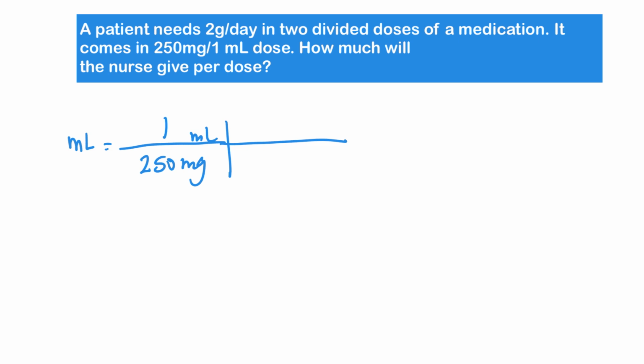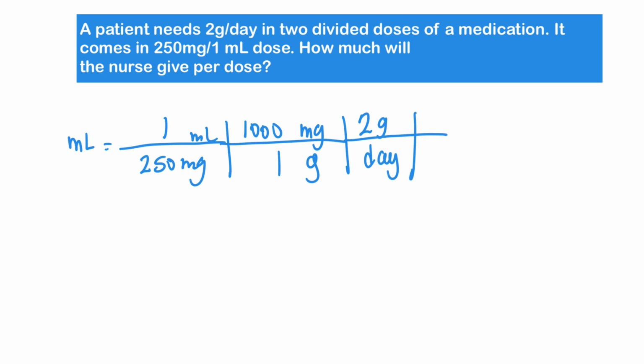Any conversions? Yes, because we have grams up here and it comes in milligrams. So we've got to convert that. So I'm going to put milligrams here to grams. That's where I'm going. So 1,000 milligrams is 1 gram. My order is 2 grams per day. That goes with it, but the order also says that it's going to be divided into 2 doses. So one day I'm going to give 2 doses.